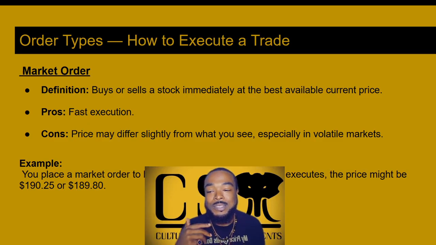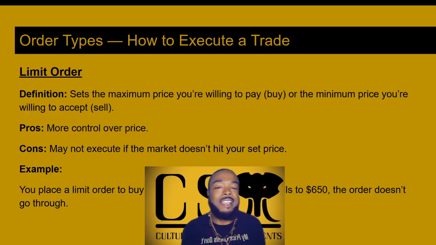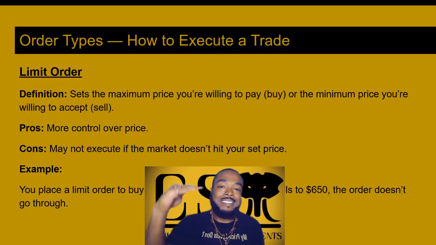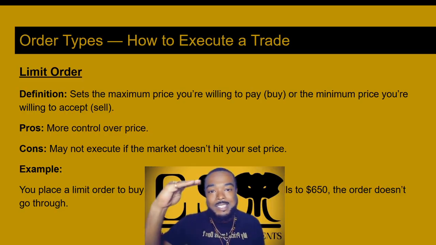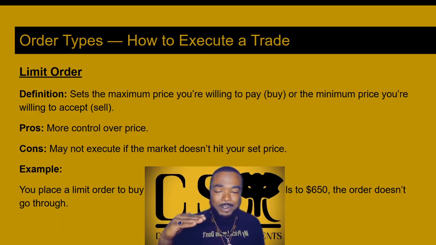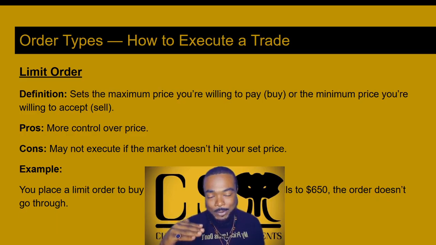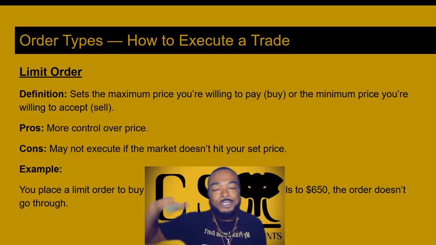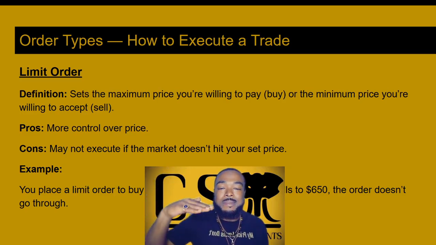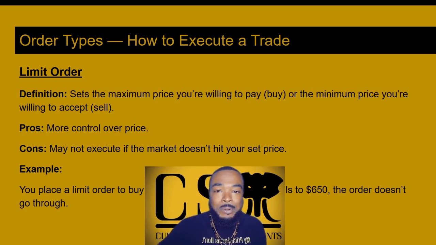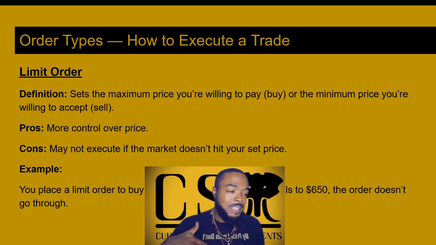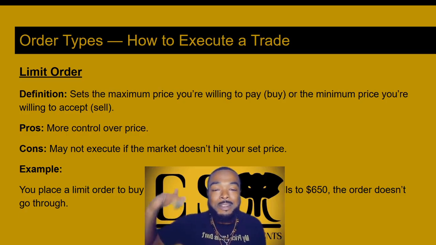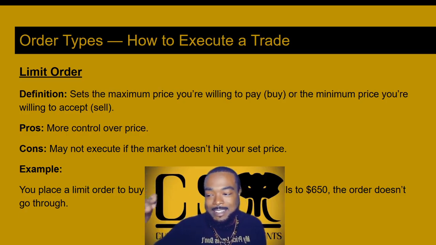If you choose a limit order, you get to choose the exact price you want to buy in at, and when the option contract or stock comes down to that level, it'll automatically trigger the buy order for you. So if you wanted to buy Apple at, let's say, $250 and it's at $255 right now, as soon as it comes down to $250, if you have a limit order in, it will buy for you. If you have a market order in, it's going to buy it at $255 immediately.